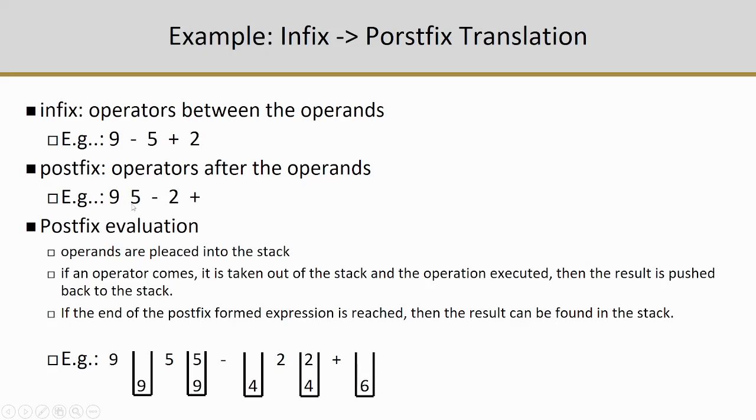So in this way we can calculate the value of an arithmetic expression easily. The only requirement is to move the operators from the place where they are in between the operands to the other place where they are after the operands.